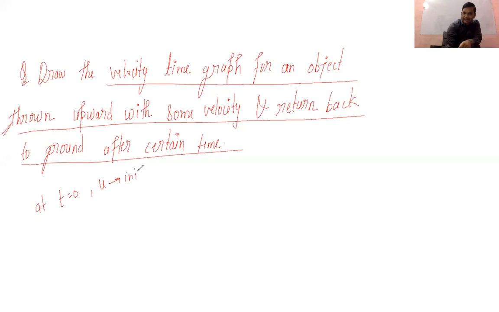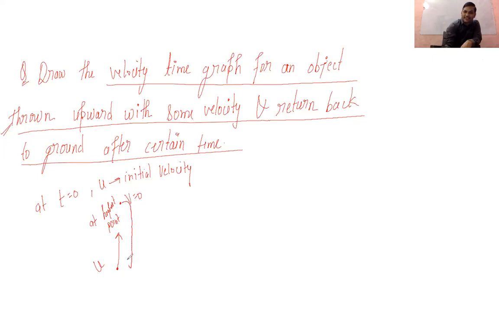As time increases, velocity decreases. At the highest point, the velocity becomes 0. After this, the object goes downward.